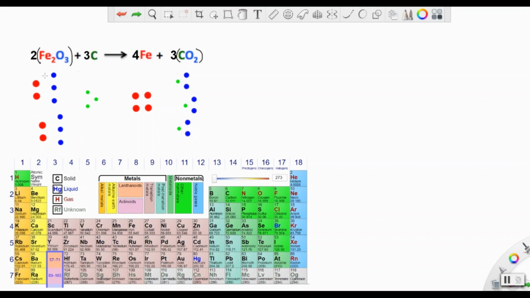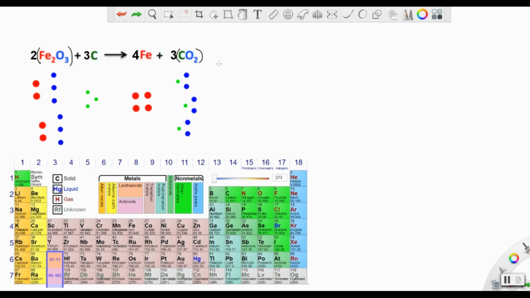So in total, we have 6 oxygen atoms and 4 iron atoms. Here you can see we have 3 carbon atoms available, and so those will react in such a way, if we add a little bit of energy to this reaction, then we can actually produce new chemicals out of it.